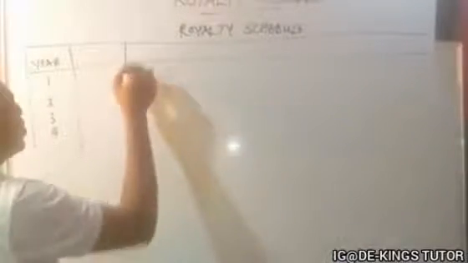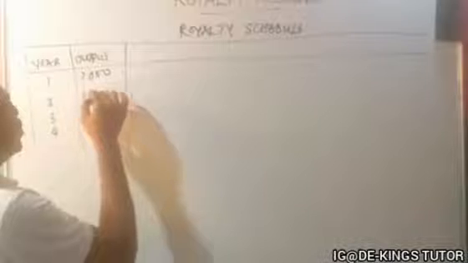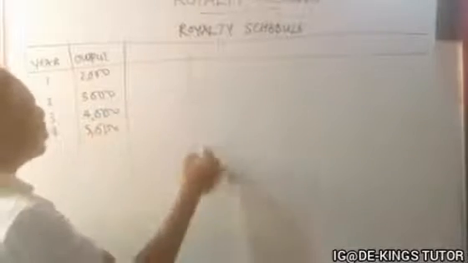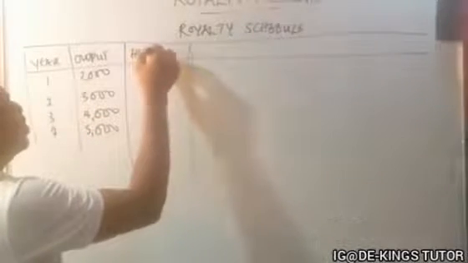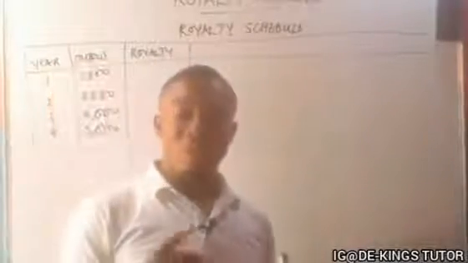Next, we can have the output or the sales made, which can be what was sold or produced: 2,000, 3,000 tons, 4,000, 5,000. Then the royalty, which is the actual royalty. They're going to give you the amount for each.